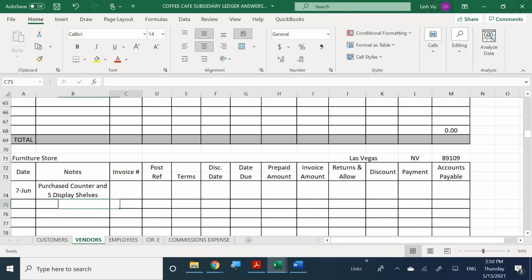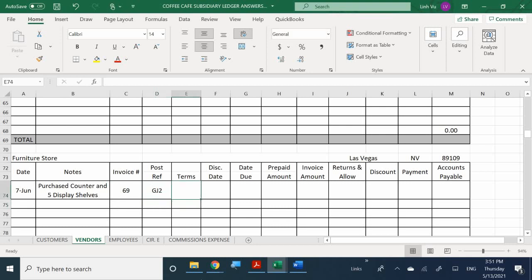That's it, right? Nothing else needs to be there because I didn't write a check. I didn't do anything more than just make a purchase. And once again, the invoice number is invoice number 69. Post reference is my second journal.